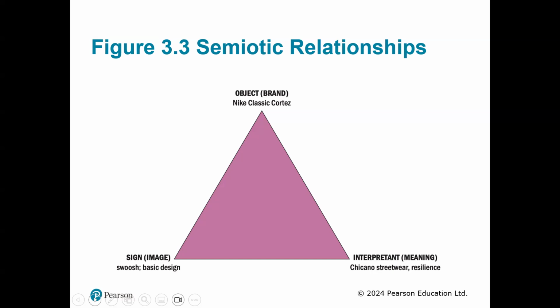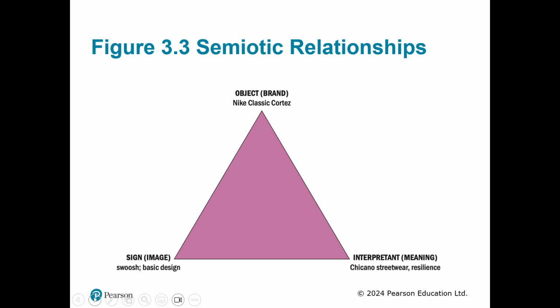This discipline studies the correspondence between signs and symbols and their roles in how we assign meanings. Semiotics is a key link to decoding consumer behavior because consumers use products to express their social and cultural identities.